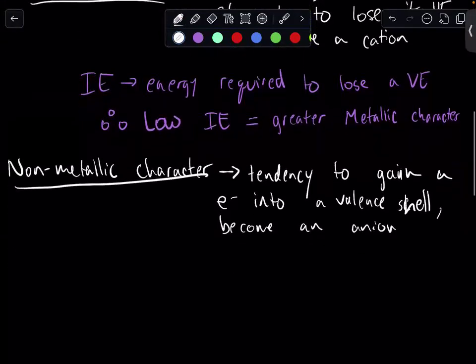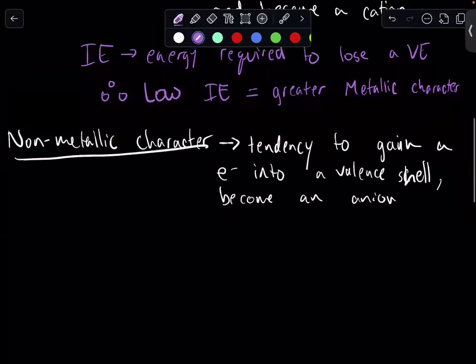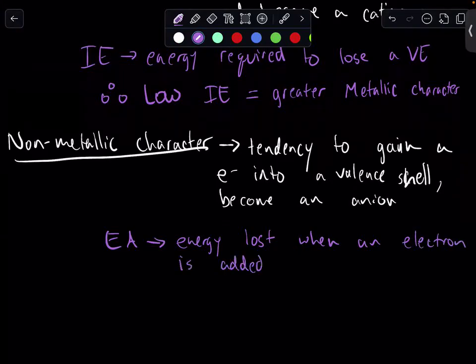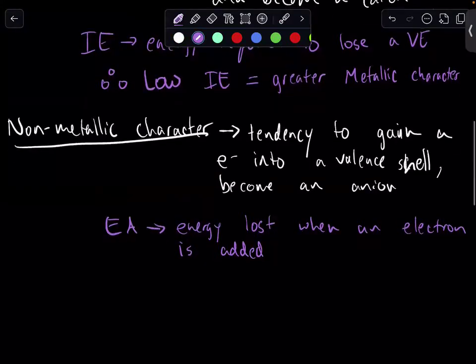So we had ionization energy, which is losing an electron, but we also have electron affinity, which is the energy lost when an electron is added. So it's kind of that change, not just energy loss, but the change in energy. So we'll actually change that.